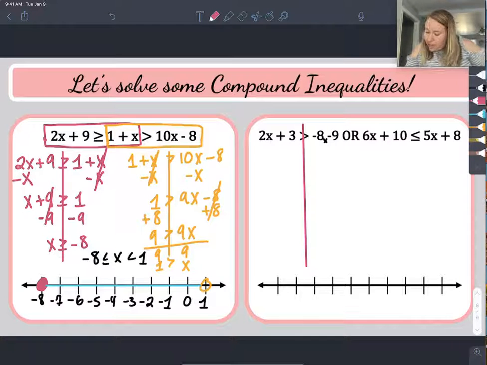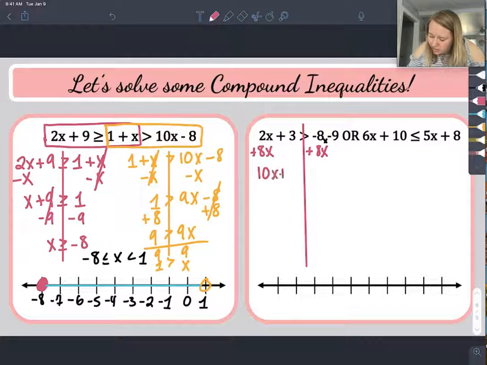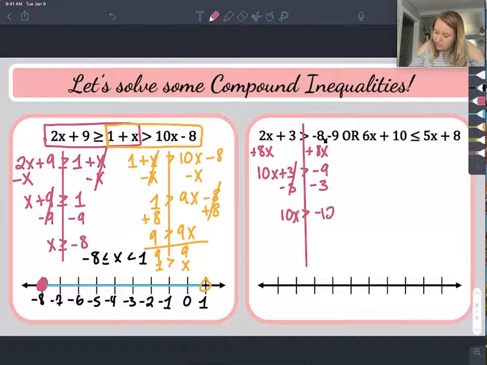So I am going to start off by adding 8x on both sides. I get 10x plus 3 is greater than negative 9. I'm then going to subtract 3 on both sides. The 3's cancel, and we get 10x is greater than negative 12.